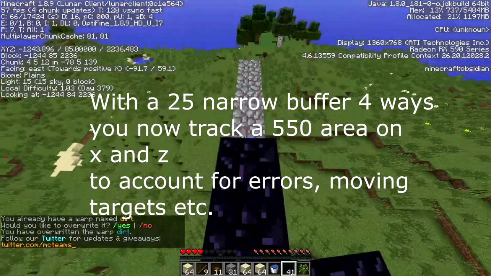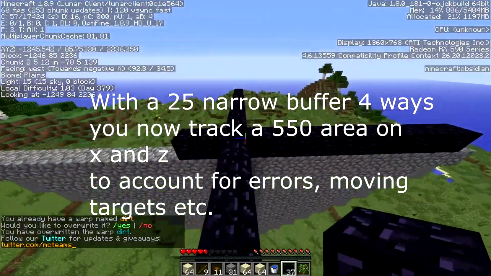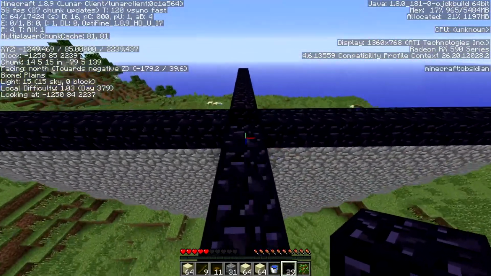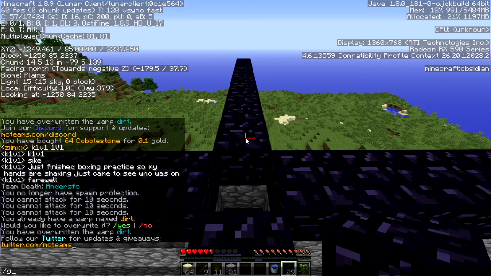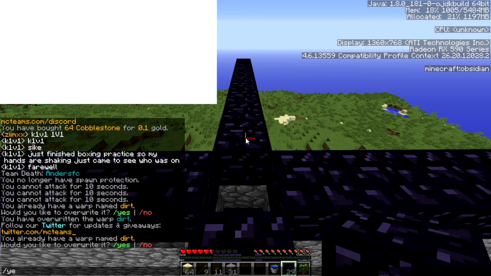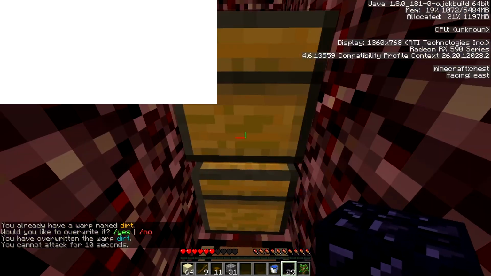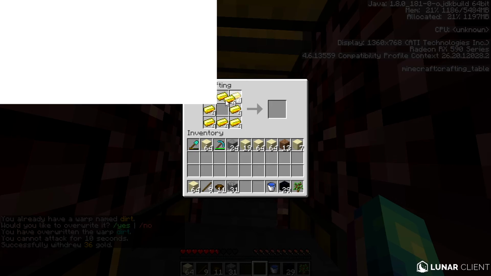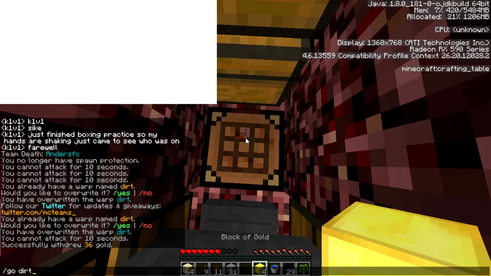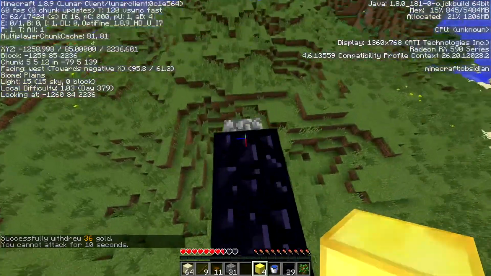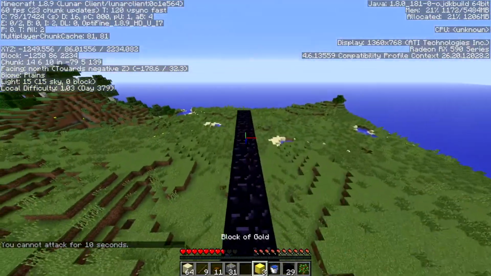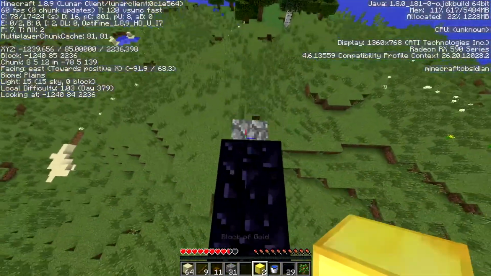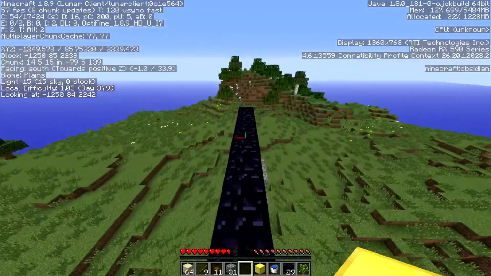This vanilla tracker will narrow basically 25 blocks extra compared to what the temp tracker narrows, which just gives you an extra buffer of space. Basically, if you narrowed a bit wrong, if they were moving around, and you have that buffer of 25 blocks each direction, odds are it won't really matter that they were moving around.